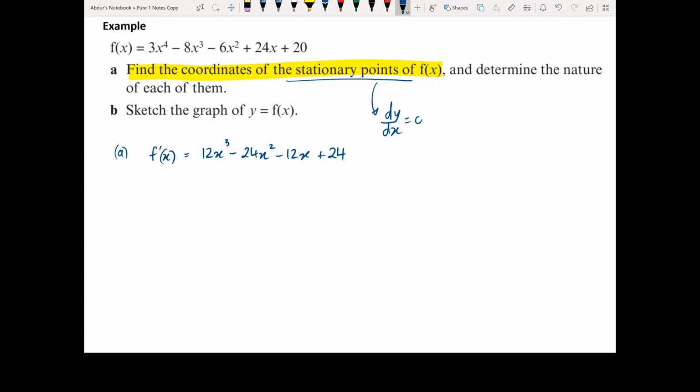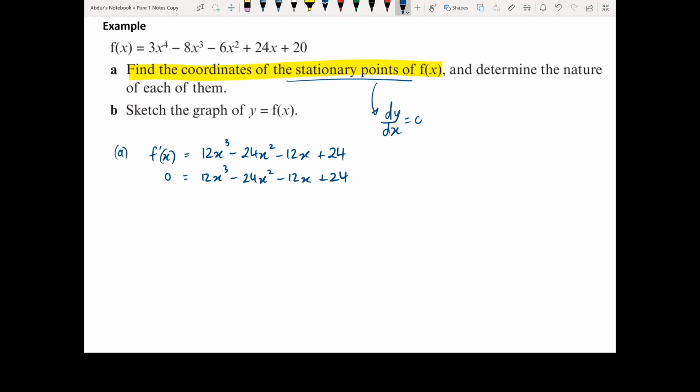Now, we know that the gradient is 0 at a stationary point, so we can say 0 is equal to 12x cubed minus 24x squared minus 12x plus 24. This is a cubic here. We want to find the value of x that makes this function 0.